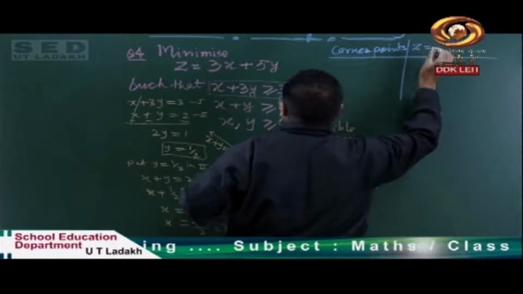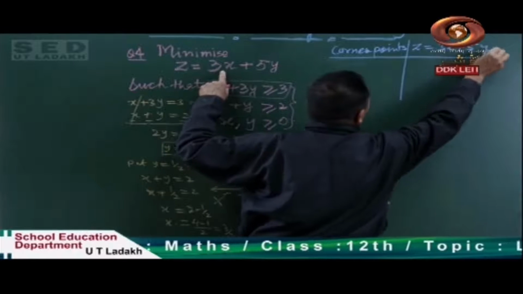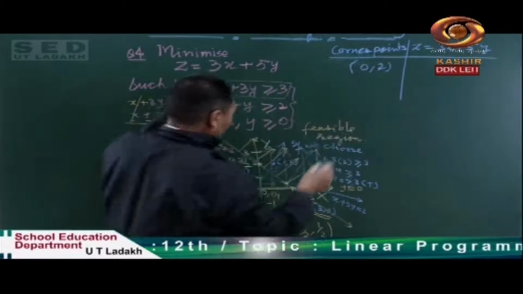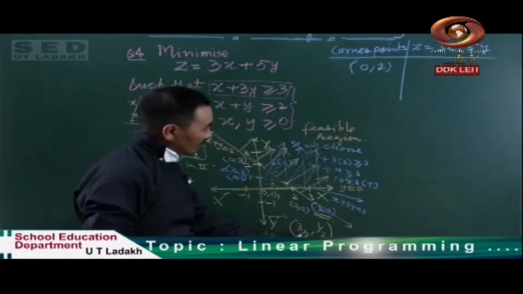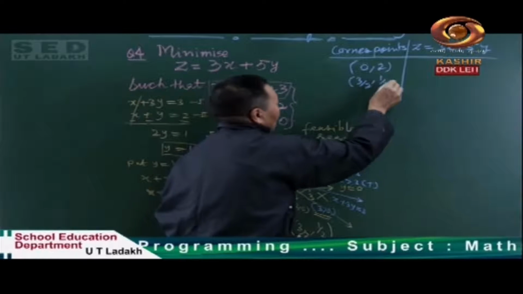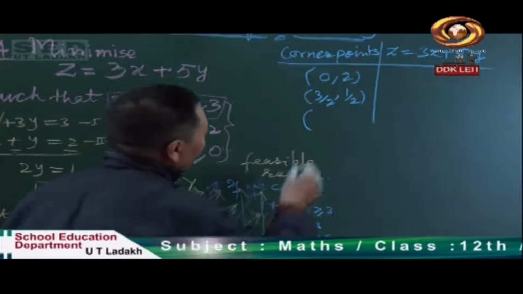Z equal to our objective function 3x plus 5y. The corner points are 0, 2, and 3 by 2, 1 by 2, and 3, 0.